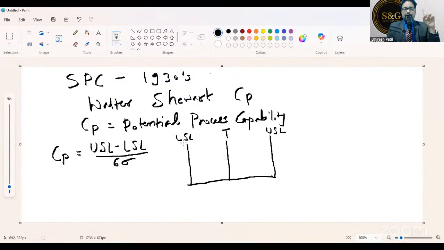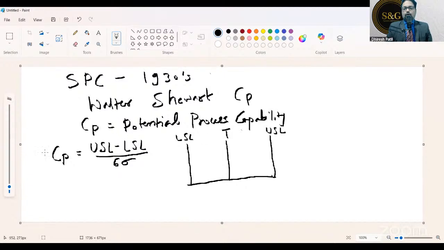Everybody is aware of upper and lower specification limits. Just give me yes in the chat box. Anybody in the room who does not know at all what the upper and lower specification limits are? Everybody knows the basic idea, right? This is where the customer will accept your product. If you can deliver the product within this range, then the customer will accept it.